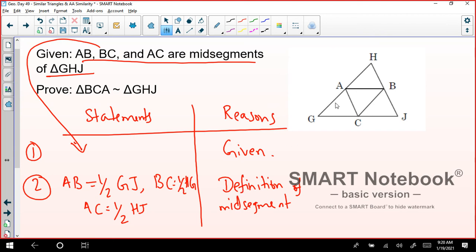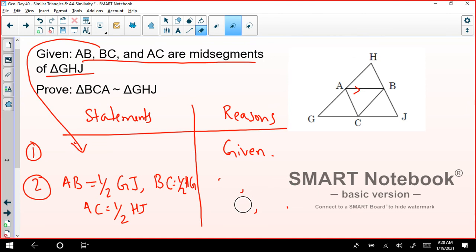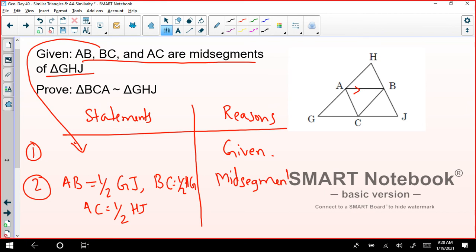Midsegments are going to be parallel as well as half. That's what the midsegment theorem is. So you can use either the midsegment theorem or the definition of midsegment. I'll just use the midsegment theorem instead of the definition. So based on the midsegment theorem, I can say that this is true.